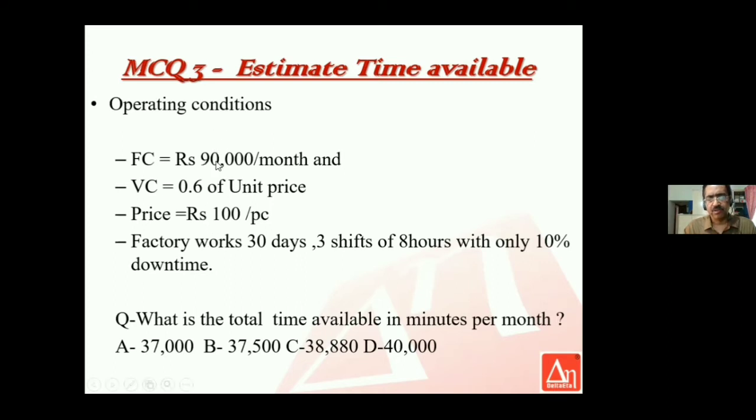The fixed cost is 90,000 rupees per month, and the variable cost is 0.6 of the unit price. Price is 100 rupees per piece, and the factory is working 30 days. So what is the total time available in minutes per month? It is 30 into 3 into 8 hours into 0.9, which is approximately 38,880.